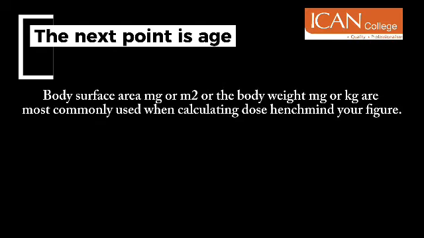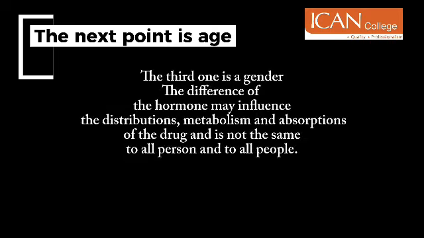Body surface area in mg/m2 or body weight in mg/kg are most commonly used when calculating dose, so mind your figures. The third one is gender. The difference of hormones may influence the distribution, metabolism and absorption of the drug and is not the same for all people.